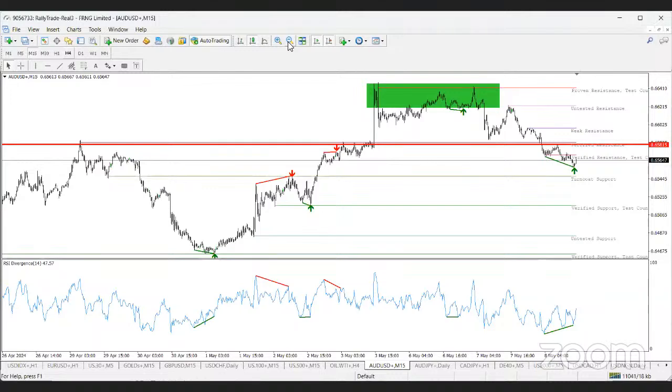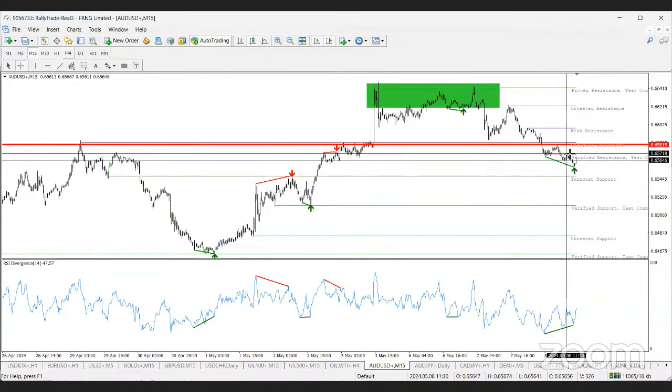You understand? So I don't have a better entry for a sell on AUD/USD. And if you look at the trend, especially on this 15 minutes, you will notice that the trend is a downward trend. So anything from that particular 0.65810, I'll look out for a sell.